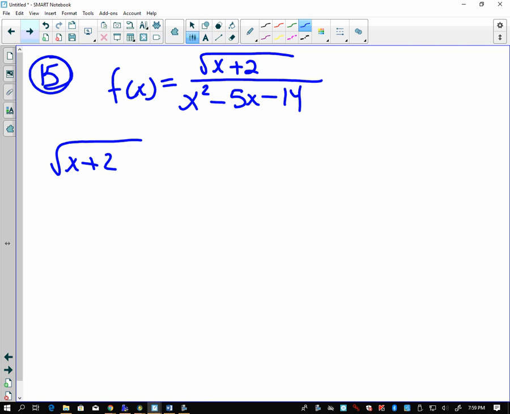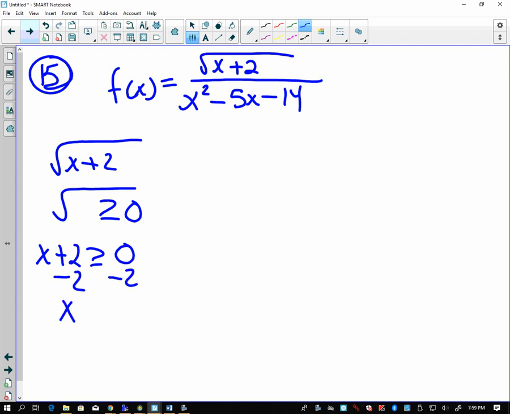What we're looking at here is that this has to be greater than or equal to 0. So x plus 2 has to be greater than or equal to 0, minus 2. X has to be greater than or equal to -2. So we'll start off with x is the set of all real values such that x has to be greater than or equal to -2.